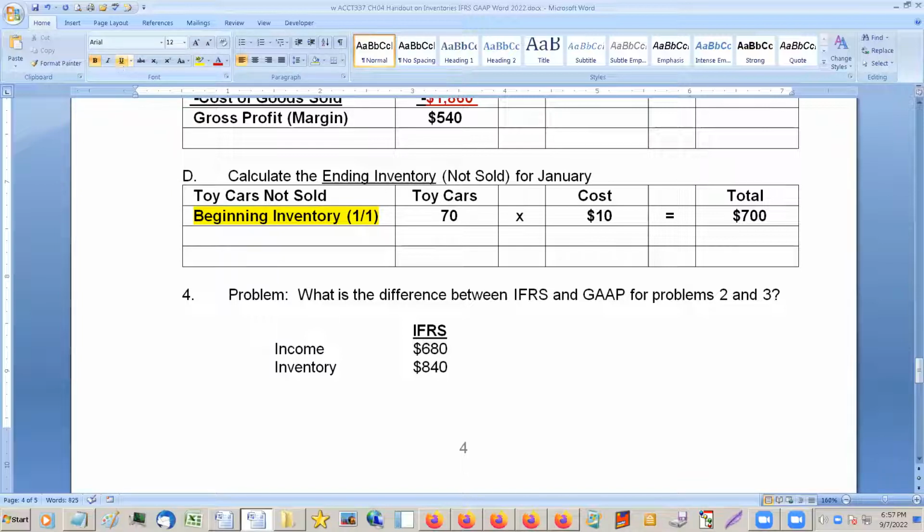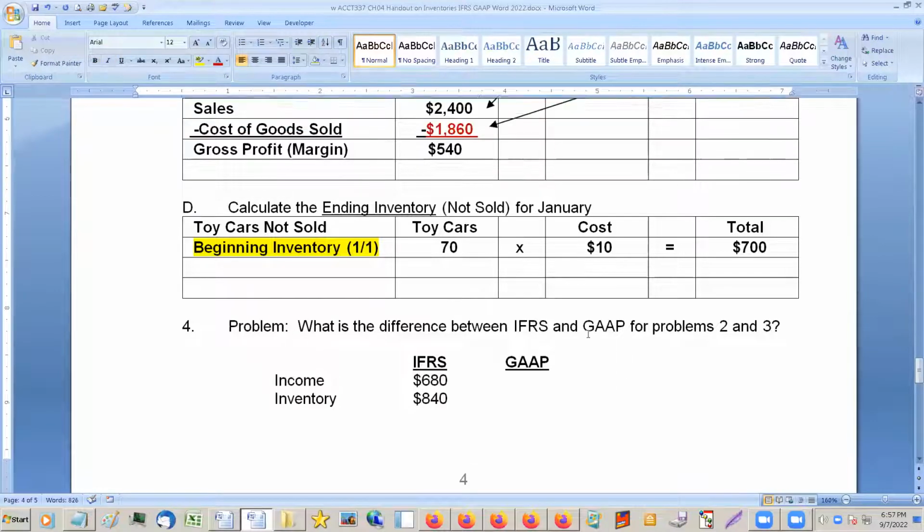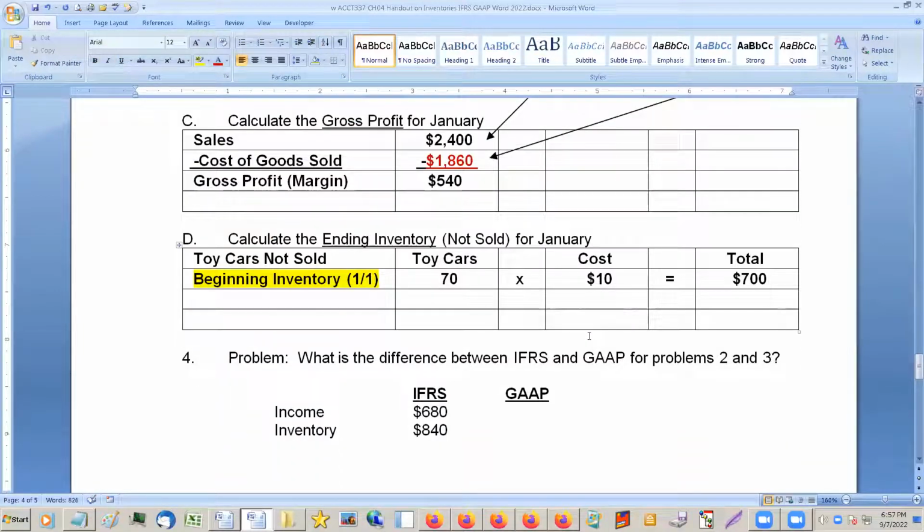Under GAAP, we would have a difference. Our income was 540. Inventory was 700.